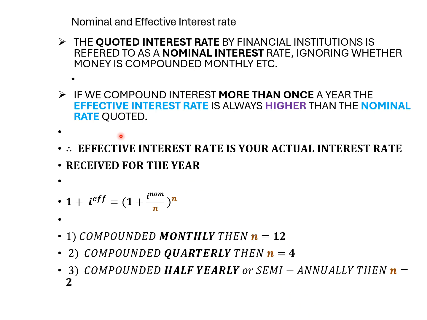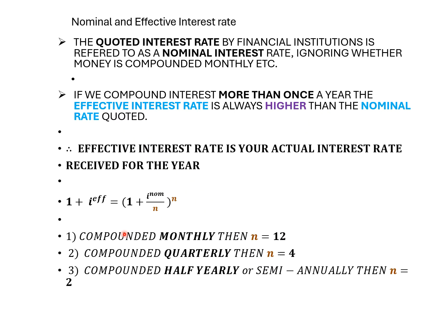In short, my effective interest rate is my actual interest rate for the whole year. So we have to work out, if we're getting small interests every month and it gets added to the total, how much interest is it in actuality for the year.